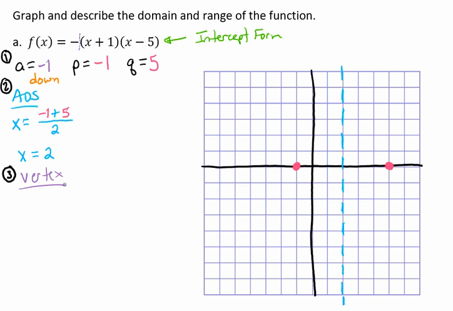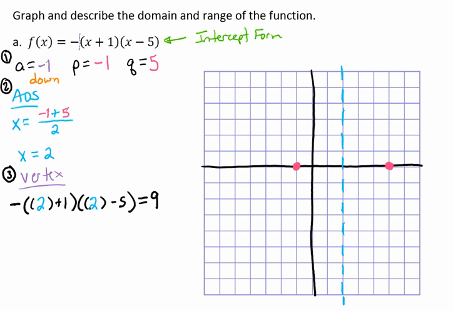So our vertex means that we're going to need to take our equation, and everywhere that there is an x, instead, we're going to put our axis of symmetry because that's what x equals. So we're going to plug that in. And that's going to give us a value of 9.